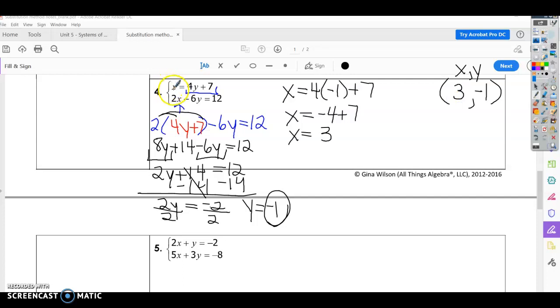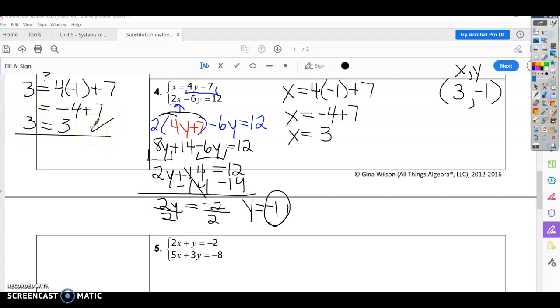All right, so for equation 1, x is 3, and y is negative 1. So we're going to have 4 times negative 1 plus 7. So we're trying to see if this is true. That becomes negative 4 plus 7, which is positive 3. So 3 equals 3.